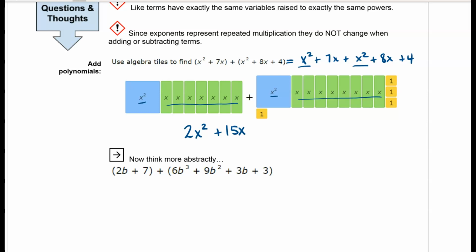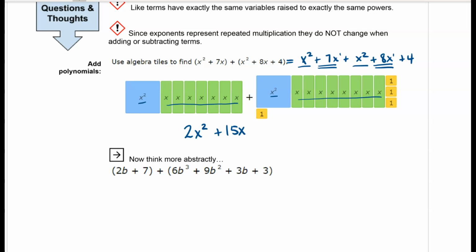In our list of terms, we can see that 7x right here and the 8x right there. We know those are like terms because they have exactly the same variable raised to the same power. Remember that understood power is 1, but we don't have to write that 1.